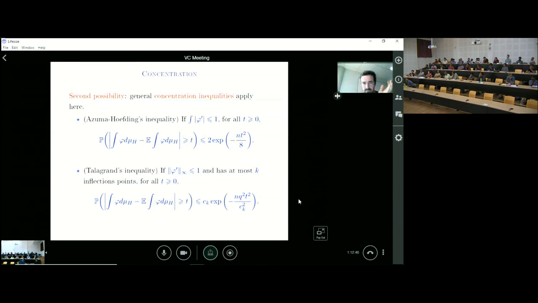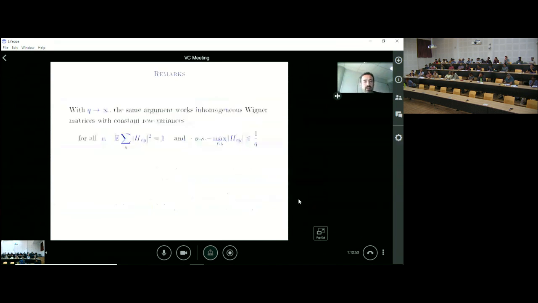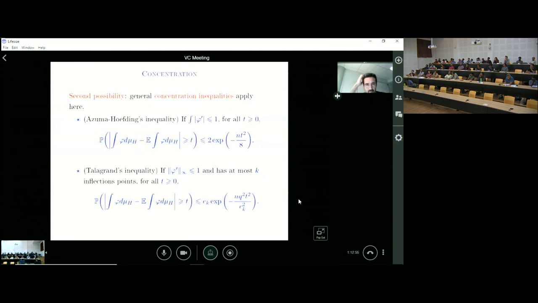This is stronger and consistent with the bound on the variance I gave before, of order 1 over n q squared. So both approaches give you the full Wigner semicircular law.